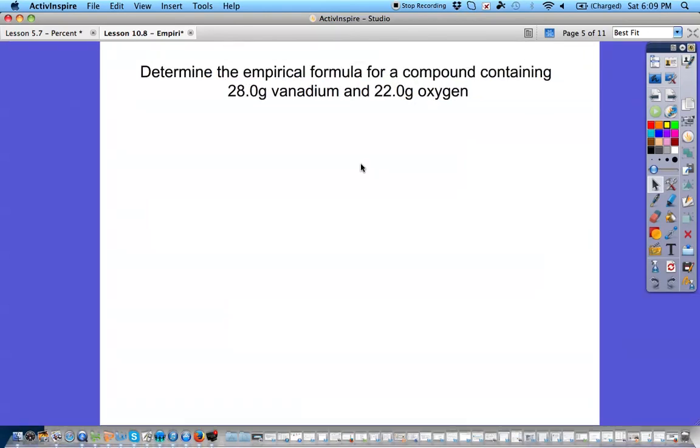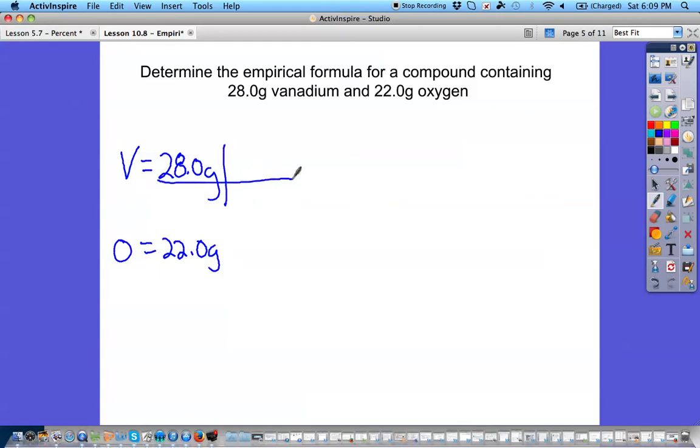Okay, so we aren't given percentages, we're given grams, so we can just work straight from that. And then oxygen is 22.0 grams, so we're going to divide by the molar mass to get our number of moles.